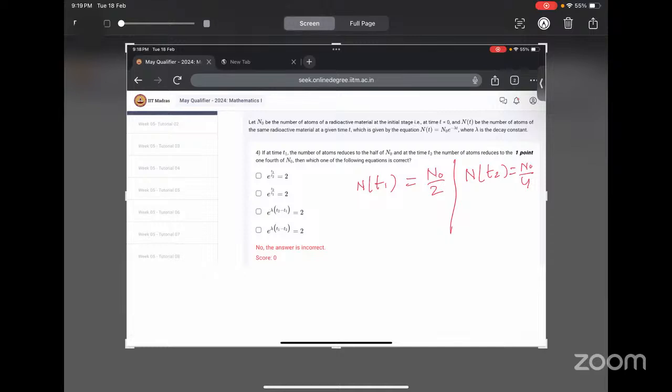Right? Now if I use this, right? Then e power minus lambda T1 by e power minus lambda T2, we will get N naught cancelled out.